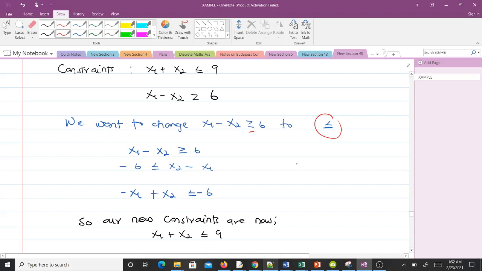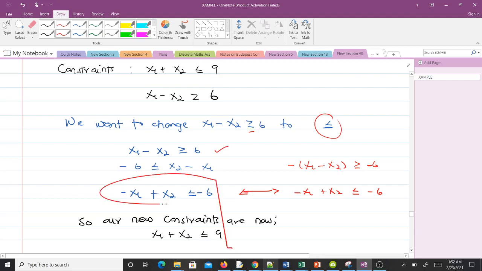Or when you have your x1 minus x2 greater than or equal to 6, to change this to less than or equal to, you multiply through by negative and negative here, and the sign also changes. So you will have negative x1 plus x2 less than or equal to negative 6. So the same as this. So that means we've been able to turn this into that. So we are going to use this instead of this. Okay.